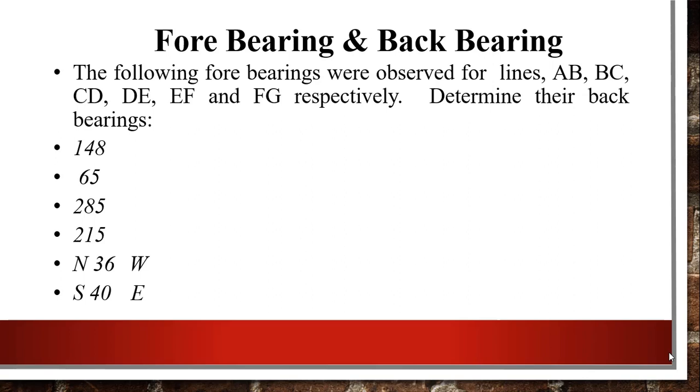Bearing is nothing but the angles. The first value is 148 degree, second is 65, third is 285, next is 215, then N36 degree west and S40 degree east. Now, you have to convert all these forebearings into back bearing values.